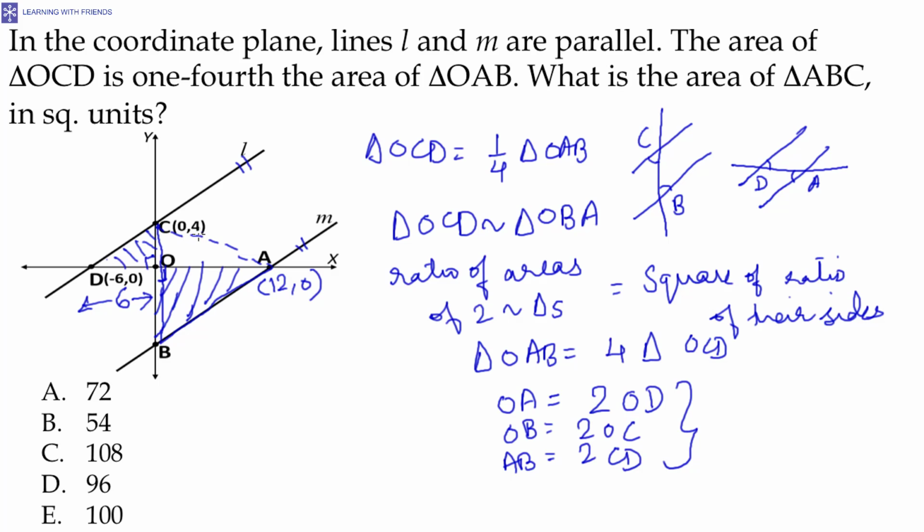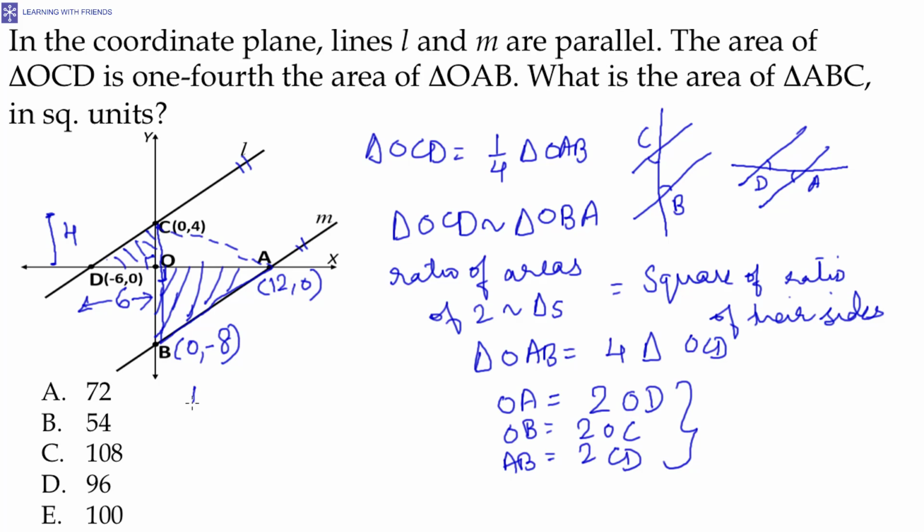Similarly, if this is 0, 4, that tells us that this distance from C to O is 4. So OB will be double that, but because this is negative y-axis, point B will be 0, minus 8. Why are we doing these calculations? Because we need to find the area of triangle ABC.